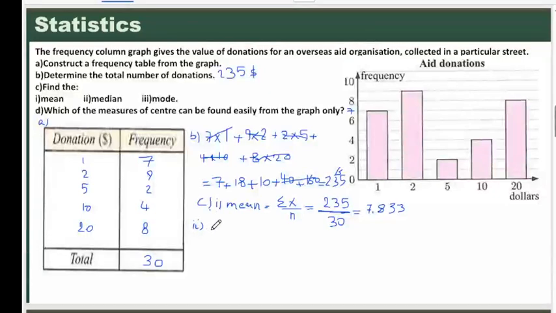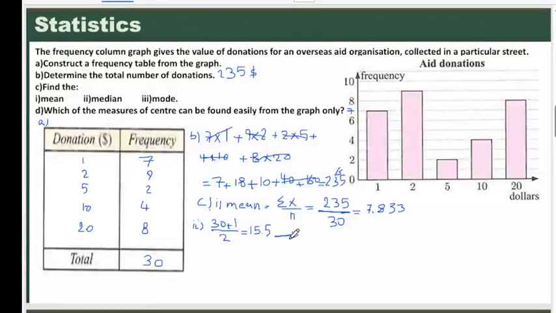So if I want to find the median here, it is between, here I have 30 plus 1 divided by 2, so it gives me 15.5.